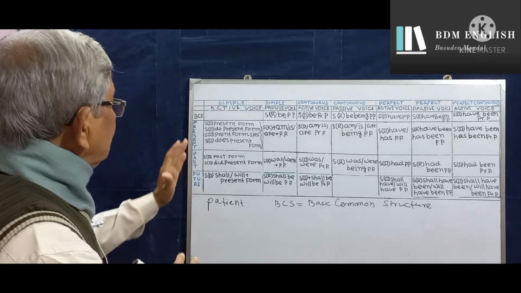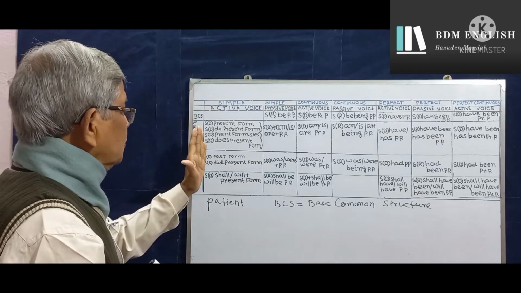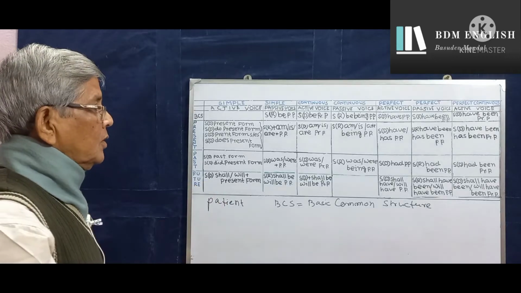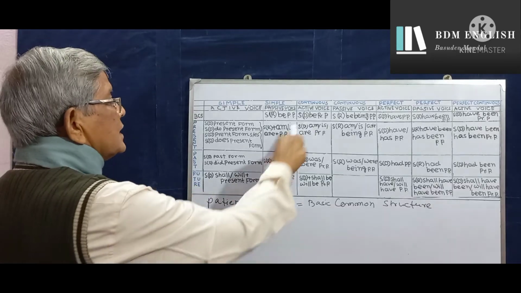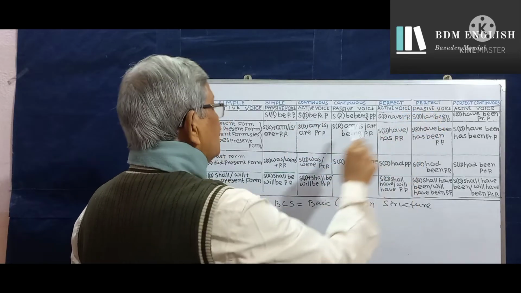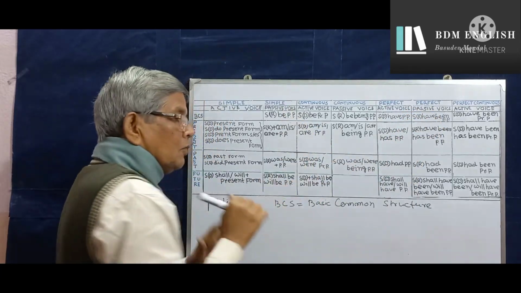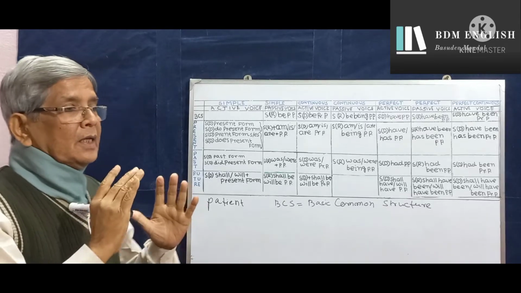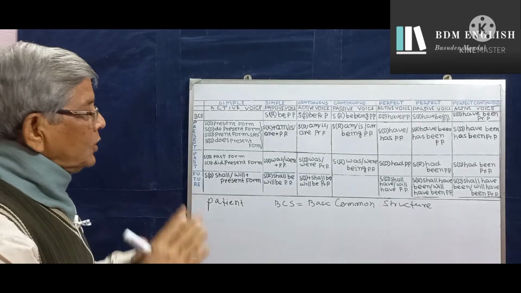We need this helping verb do to perform some special functions which can be performed by these helping verbs. These are all essential helping verbs. We must use the helping verbs whether the sentence is a positive one, whether it is a negative one, whether it is a question.